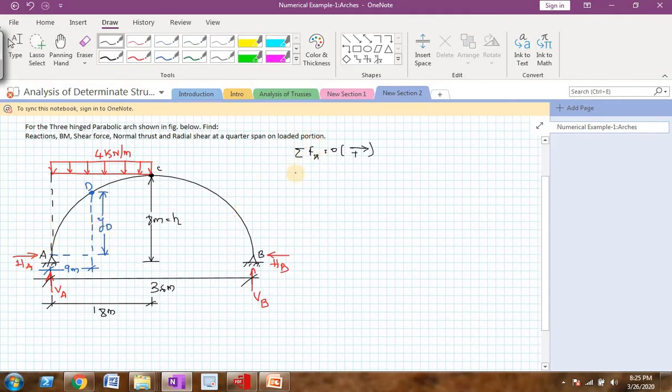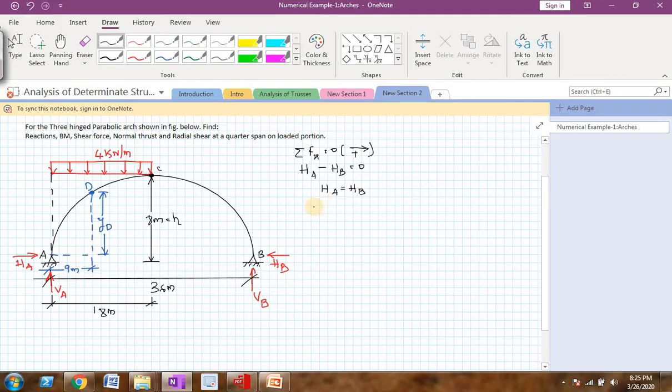So this HA is in the positive direction, so I will write it as plus HA. HB is in the opposite direction, so I will write it as minus HB equal to 0. So from this equation I will come to know that HA is equal to HB. Still we don't know what is the value of HA and HB. In the other equilibrium equation, let us try to find them.